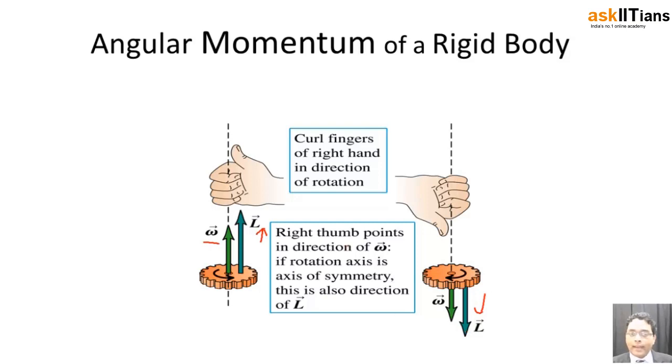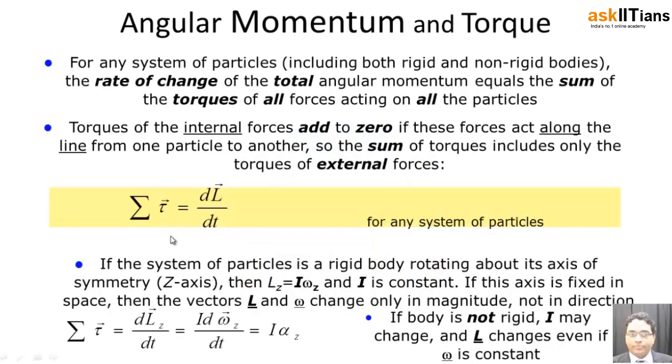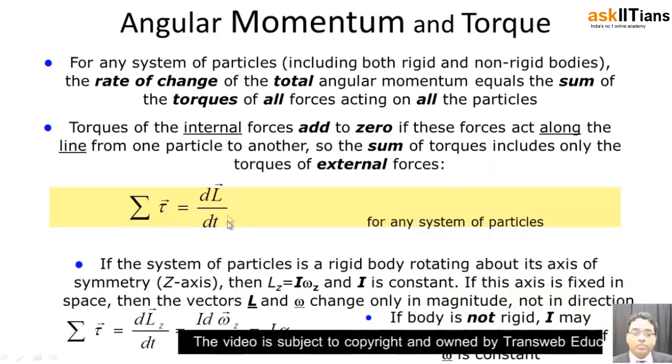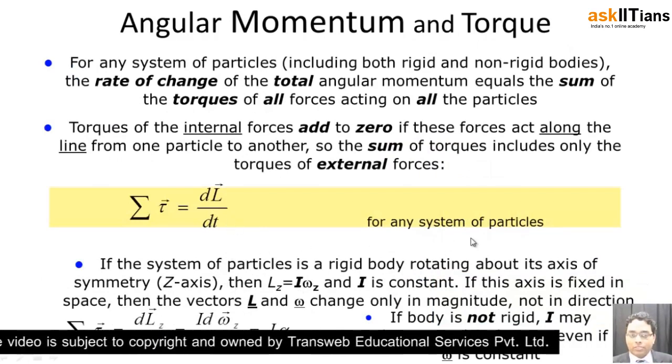So the right hand thumb points in the direction of omega. If the rotation axis is an axis of symmetry, this is also the direction of L. This is similar to the case of torque that we had already discussed. Going further, we define the torque as tau, which is equal to dL by dt for any given system of particles.